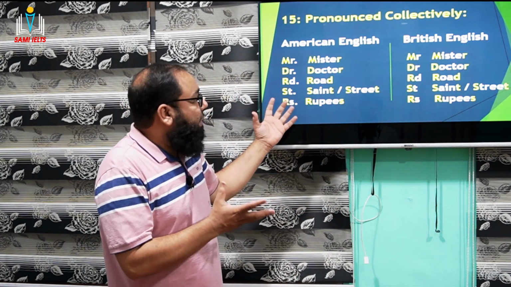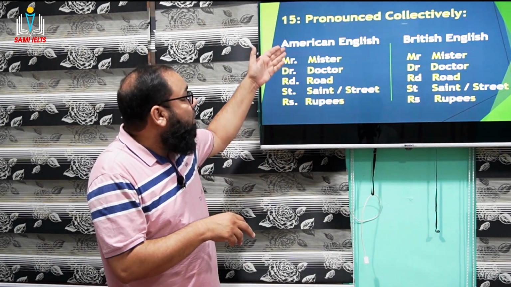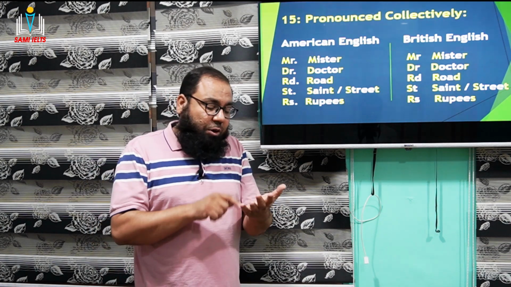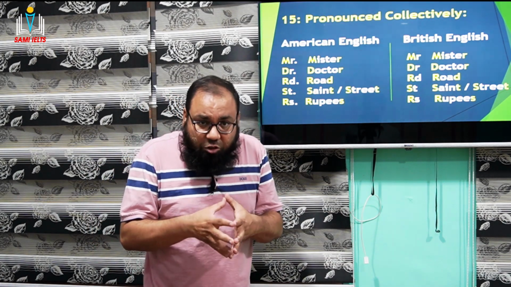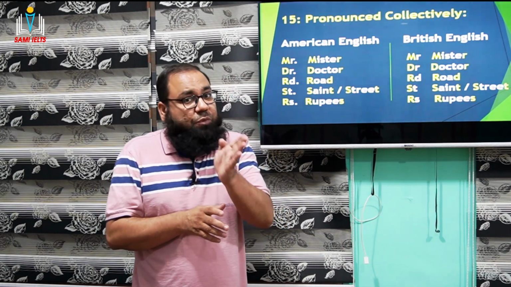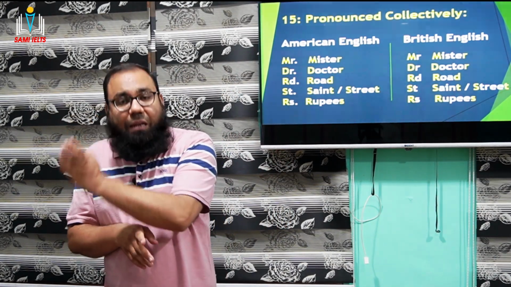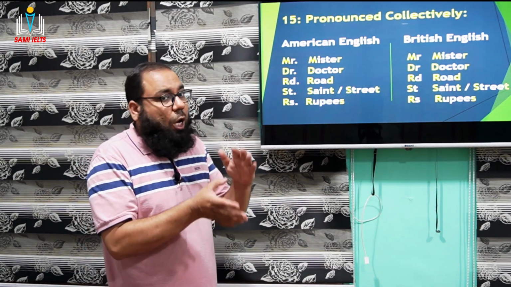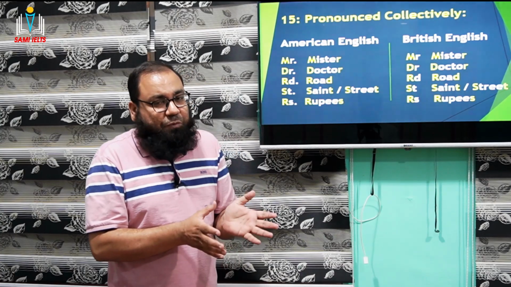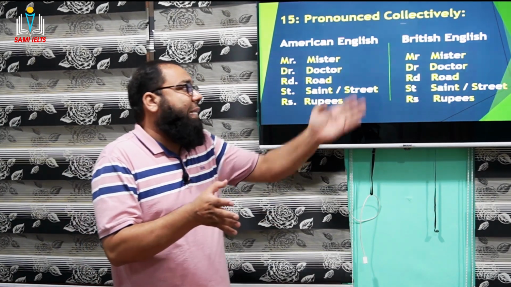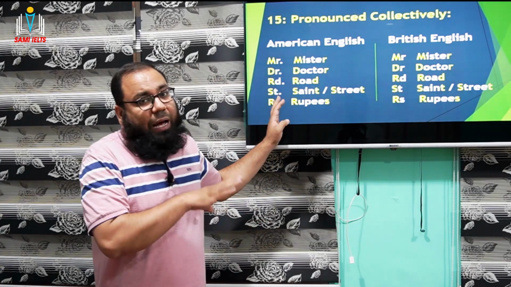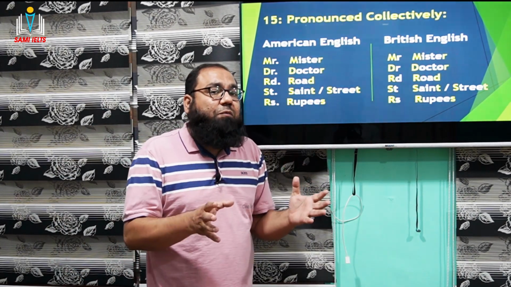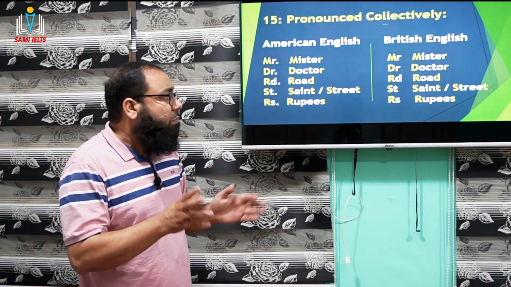But in American English, yes, we do use full stops after collective abbreviations. In individual abbreviations, we always use full stops after each and every letter. But in collective abbreviations, we sometimes use a full stop and sometimes don't. If we use a full stop, that is still fine, this is American English. And if you don't use a full stop after a collective abbreviation, it is still fine because this is the British version.